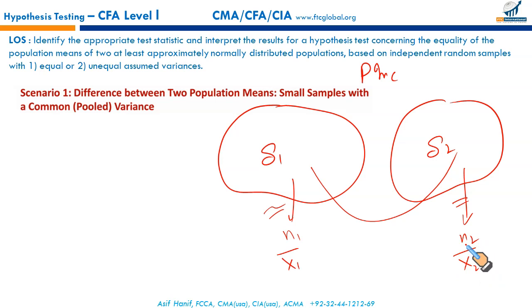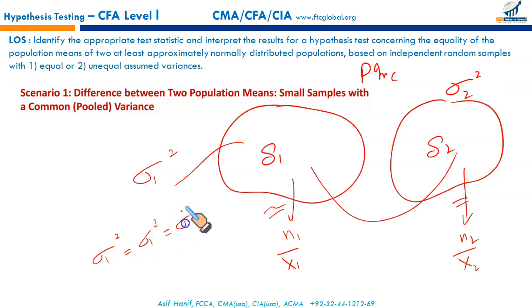And let's say the population variances are sigma 1 square and sigma 2 square. We are assuming that these two variances are the same. There is a common variance. So our null hypothesis here is that the difference between the population means is 0.